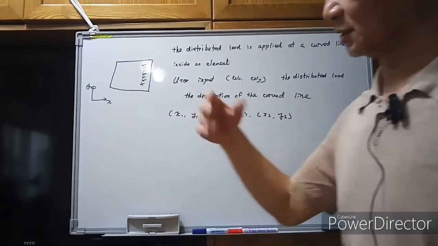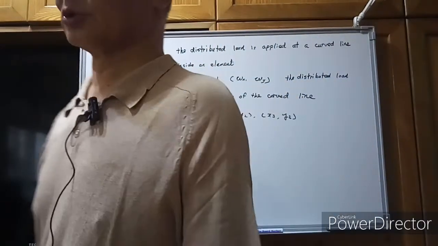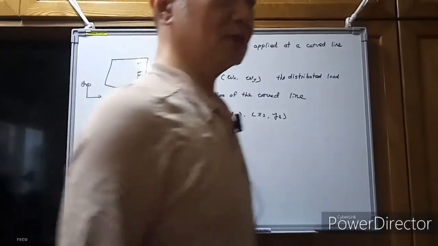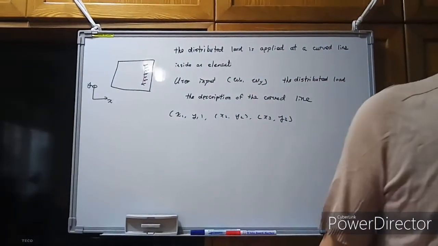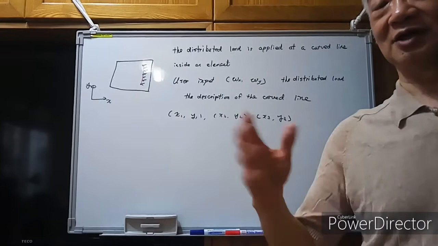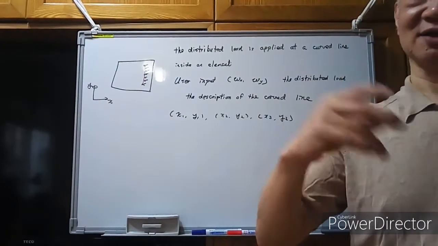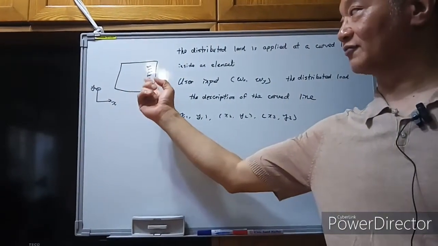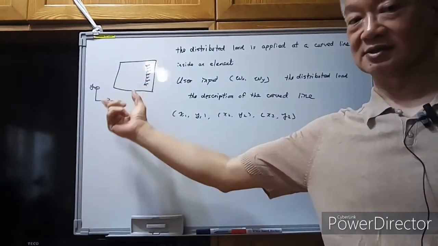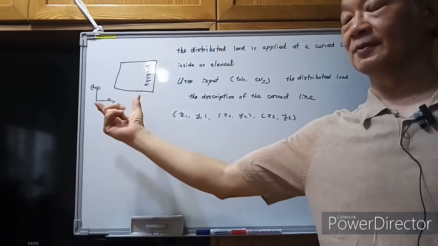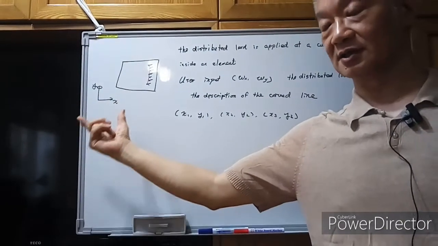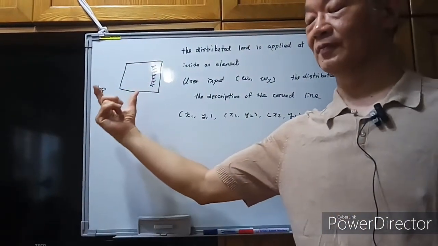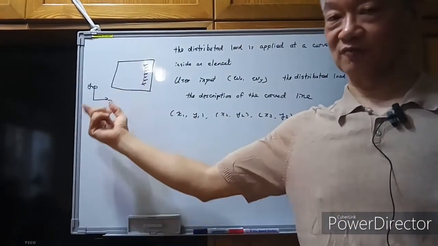But the c and the eta axes are used in the mesh element. And for most program users, they are not so clear about what the c and the eta are. But the user knows very clearly what the x and y axes are, since they are defined by themselves.